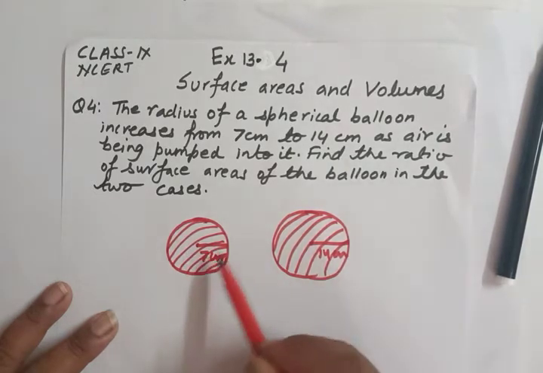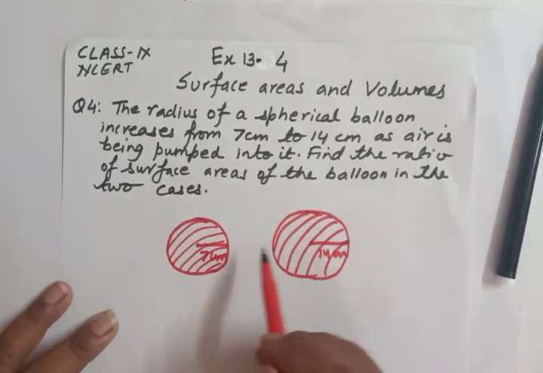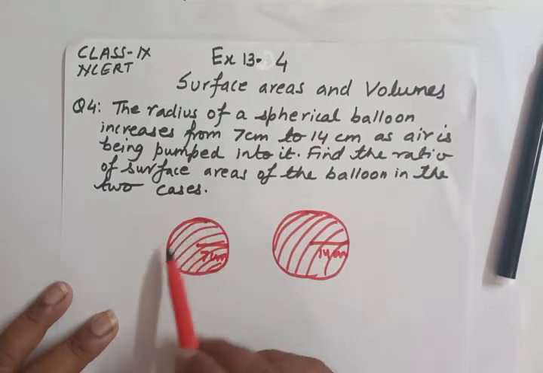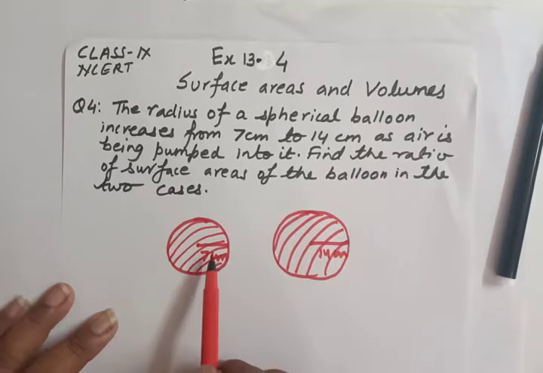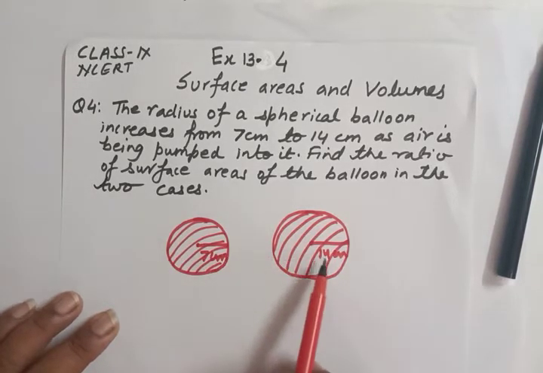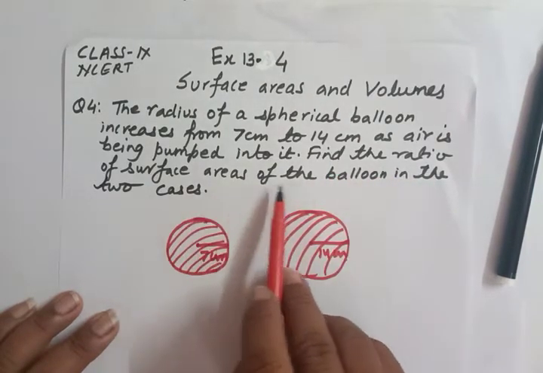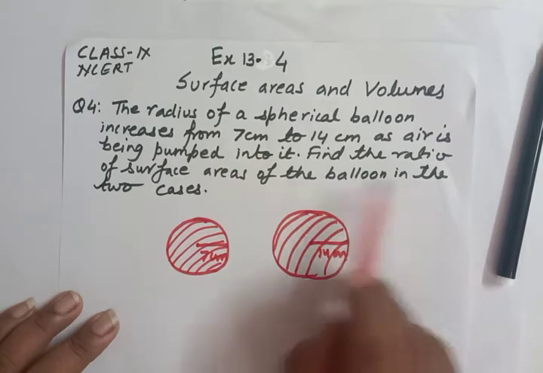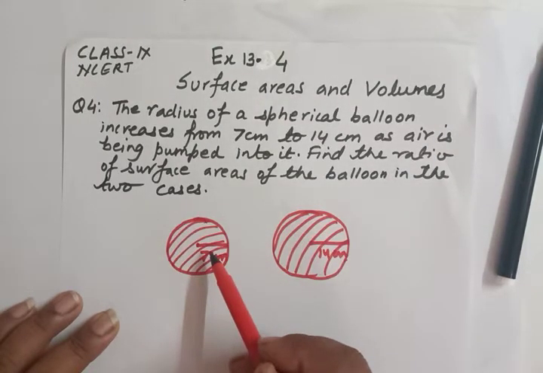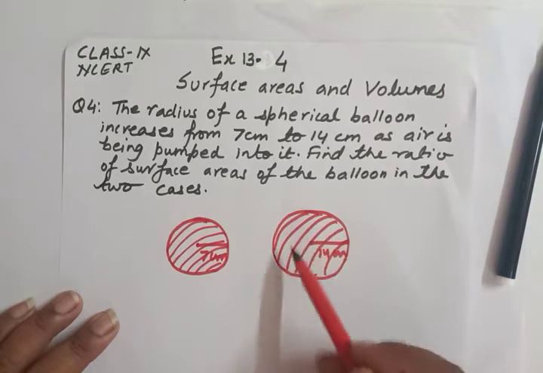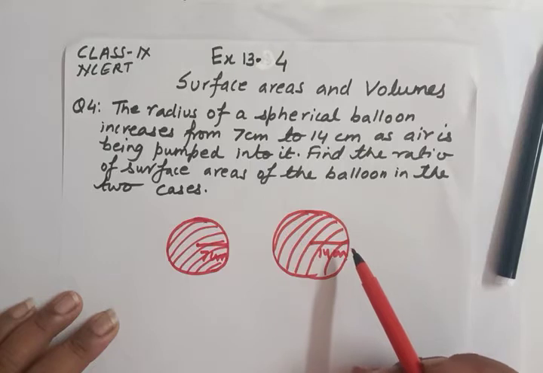We can increase the size of the balloon, and we can decrease it by taking out the air also. When the air is pumped into it, its radius increases and becomes 14 cm. In this question, find the ratio of the surface areas of the balloon in the two cases. First of all, we have to find the surface area for this balloon, and then the surface area of this balloon.